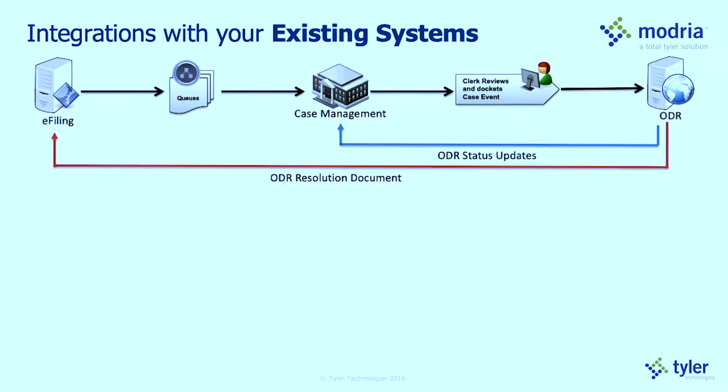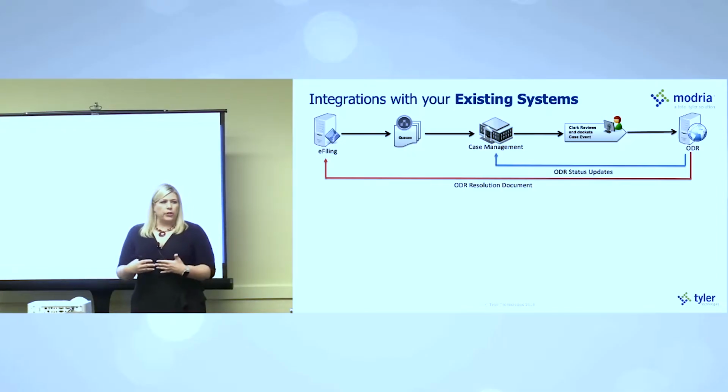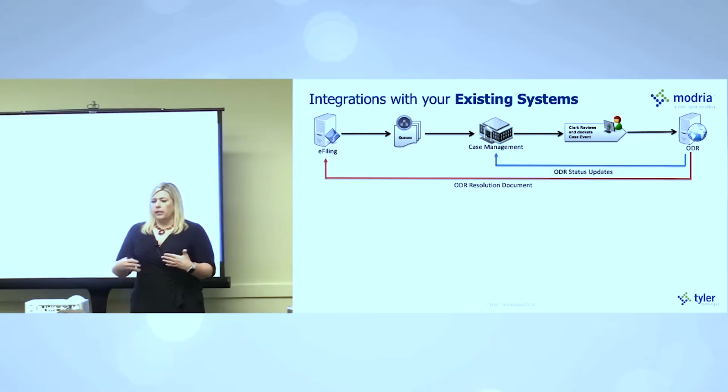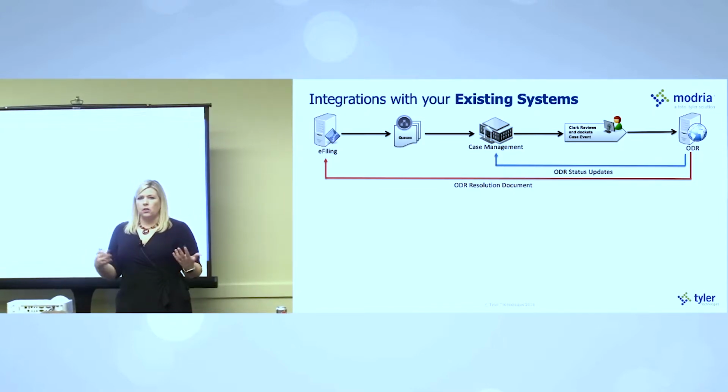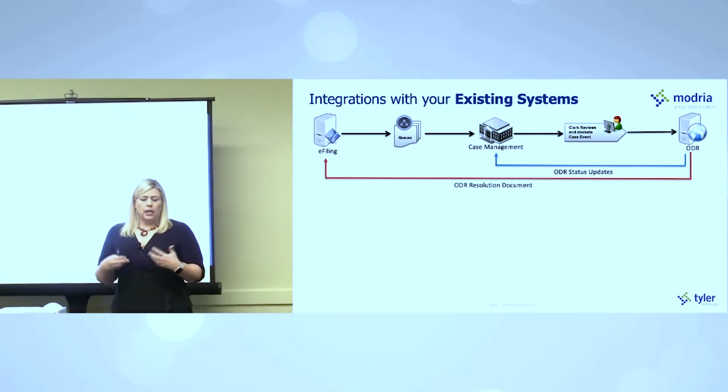But we still need to have some level of back and forth with the case management system, just so you understand a little bit about what's going on. If you're a court clerk, you can see, without finding out who a mediator is or digging into a particular case, what the statuses are and have a little bit of information about what's happening.